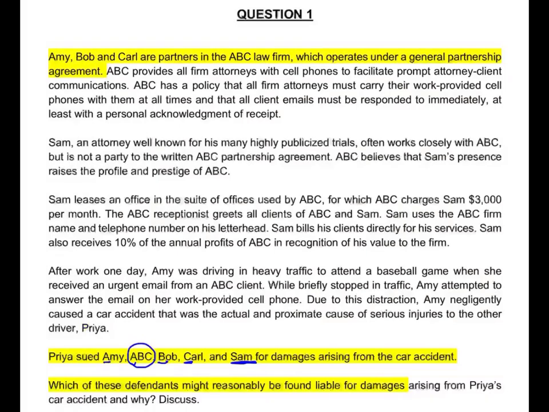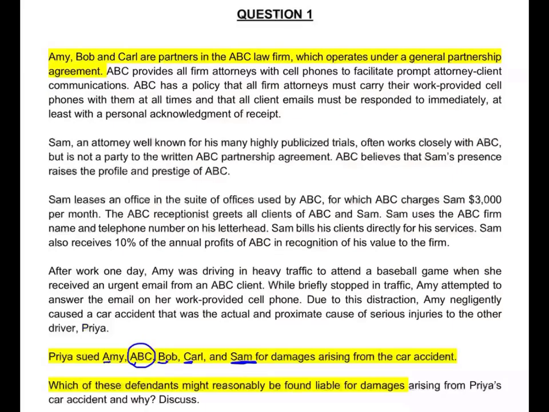But this looks more like an issue of who is personally liable, and is the partnership itself liable for whatever caused this accident. To understand all of that, we need to look at partnership law and know what needs to be in your mind as you read through the facts so that the issues come out and you can line up the facts as you read the hypothetical.